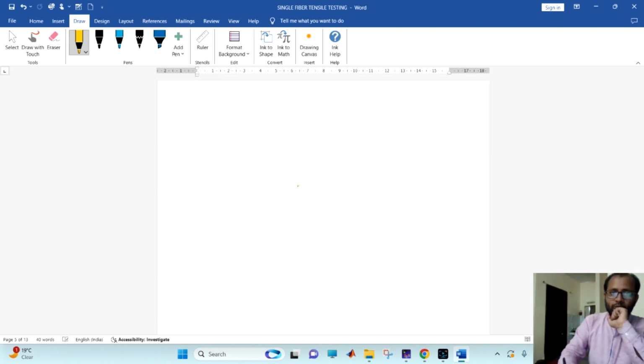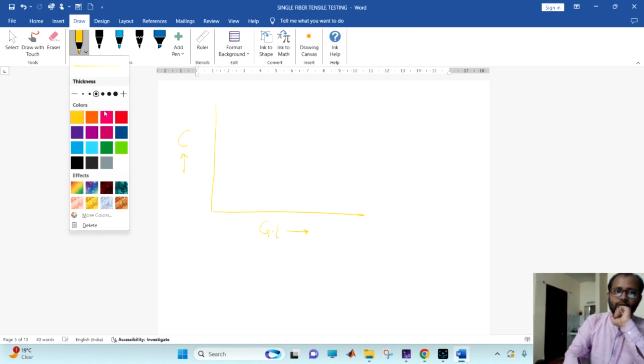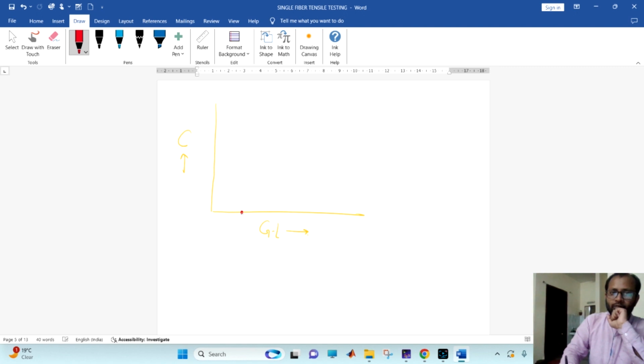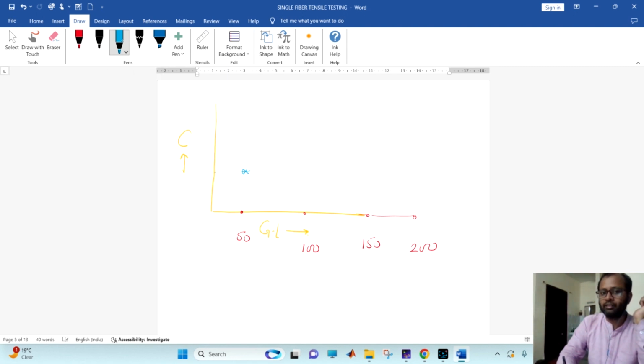Now I have to draw the compliance versus gauge length curve. We have done the test for 50 mm, 100 mm, 150 mm, and like that for 200 mm of gauge length, and we have got some values of compliance.